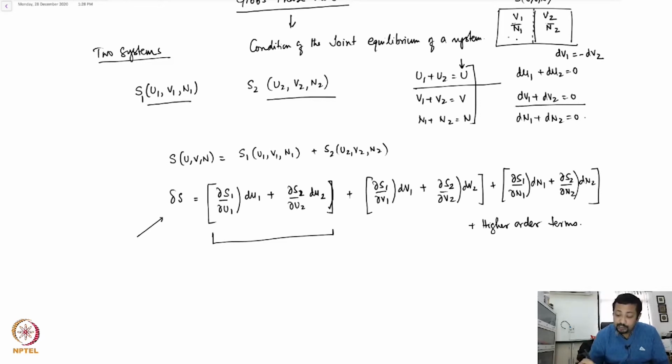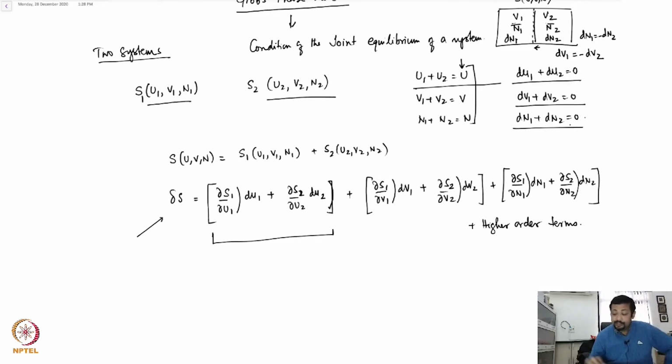Any change in particle number dN1 is going to be compensated by dN2, so that dN1 is going to be minus dN2. If I have moved it to the left, which means N2 has increased, there is a change in N2, which we will denote as dN2. Since it's the same system with the number of particles fixed, the number of particles N1 should decrease.